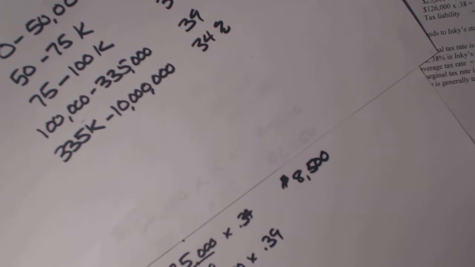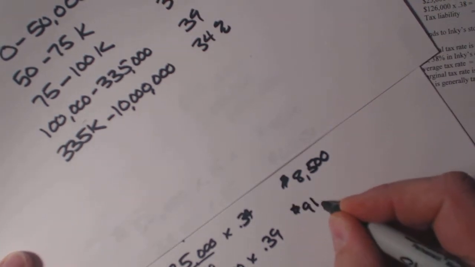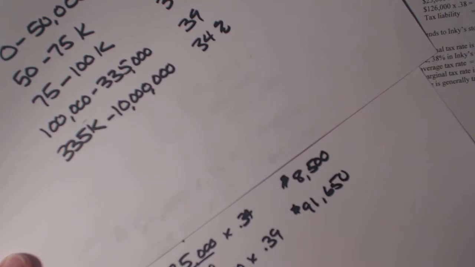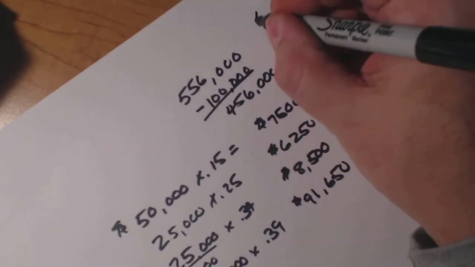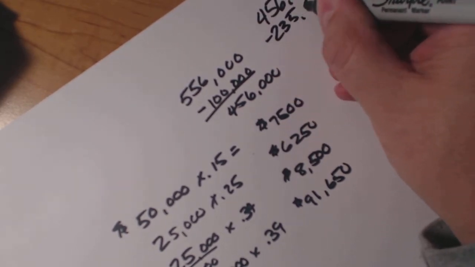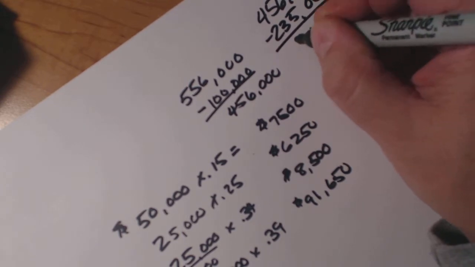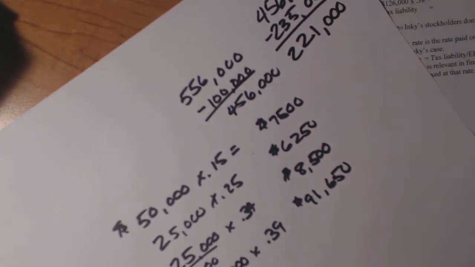So I'm going to get my calculator out here for a second. 235,000 times 0.39 is we're going to pay $91,650 in this category. So now let's see where we are. We're at 456 minus 235. So our difference is 221,000.